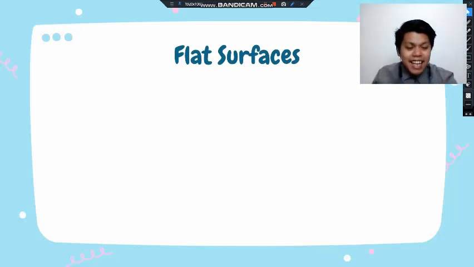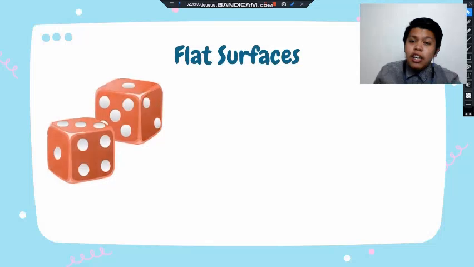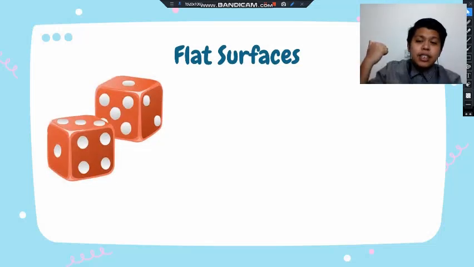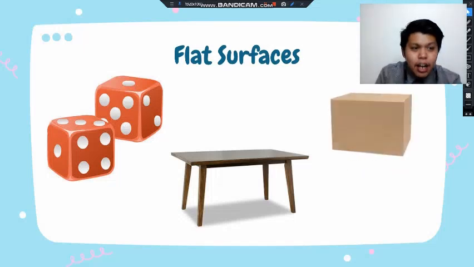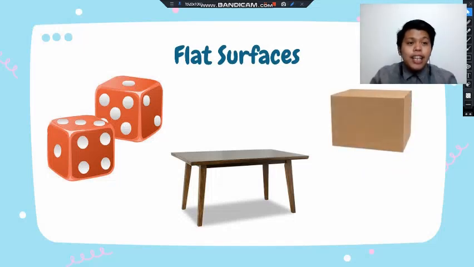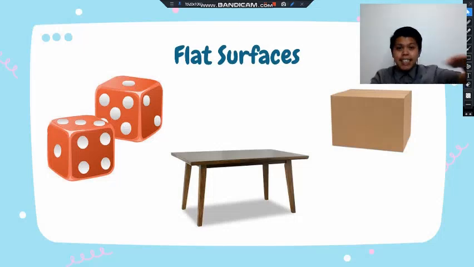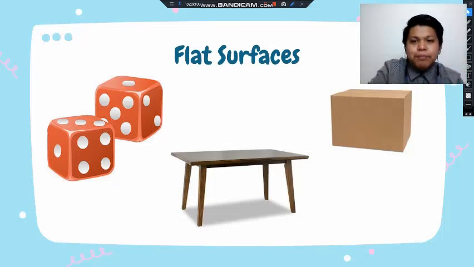Great. That is correct. So we can also see flat surfaces on a dice, on a table, on a box, on a table mat, and so on and so forth. There are a lot of flat surfaces as long as it is flat. Okay, next.